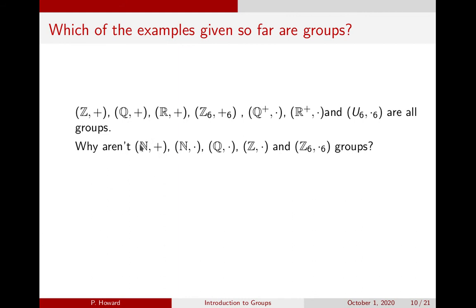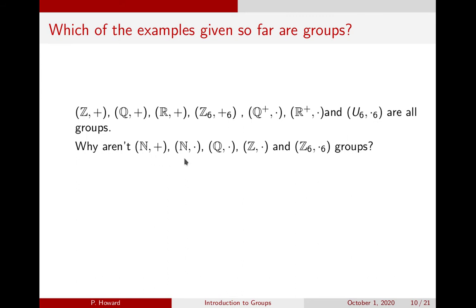The reason this is not a group is that not every element has an inverse. So, for example, the natural number 5 has no inverse in this group. The number that you would add to 5 to get the identity 0 is -5, but -5 is not an element of the natural numbers.